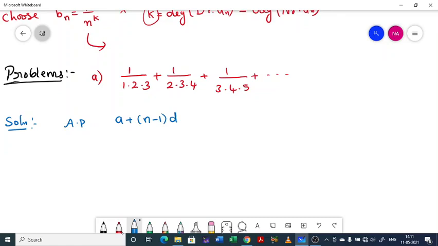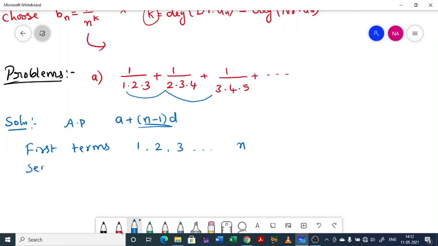If you look into first terms, 1 2 3, that is, 1 2 3 and so on. Generally it will be n. Looking at the nth term, substitute and use this formula. So 1 plus n minus 1 into 1, so 1 gets cancelled, you get n.